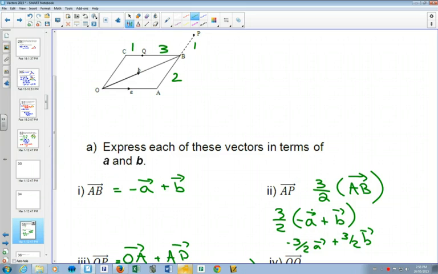Now, what do you guys come up with for O to Q? Okay, so what was your initial strategy?